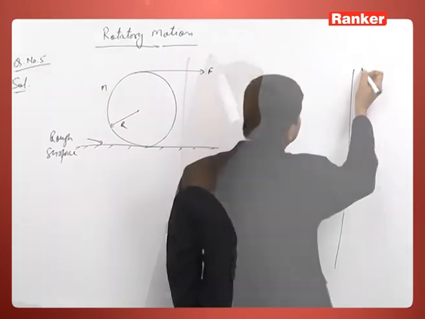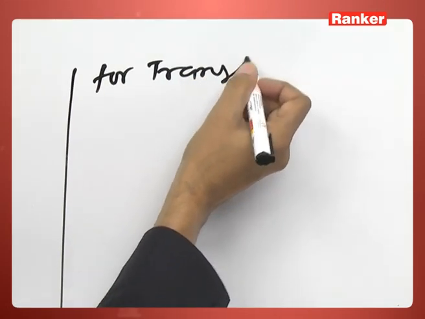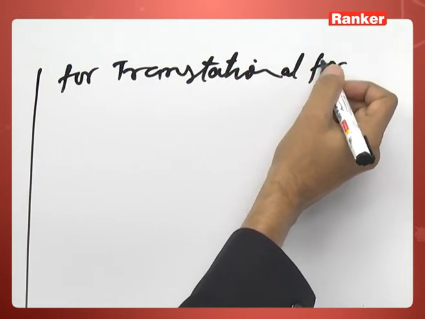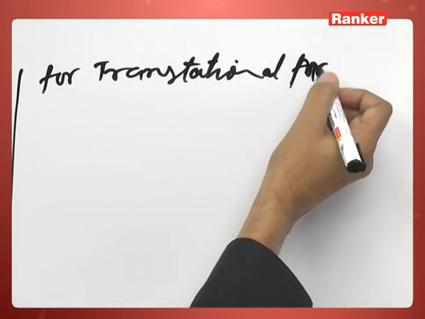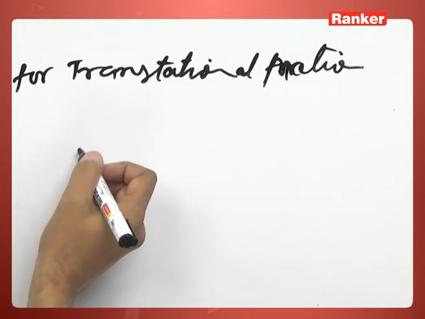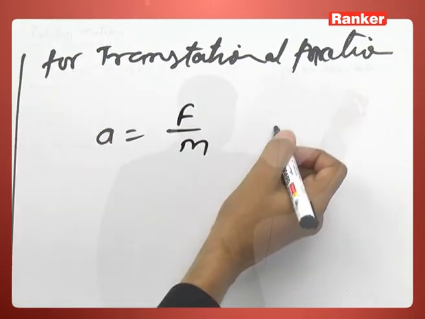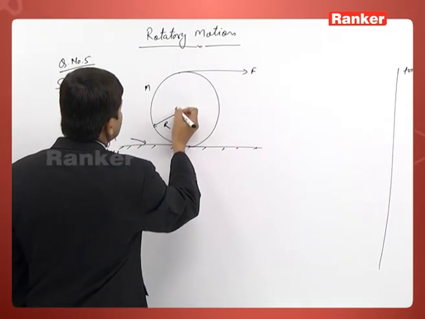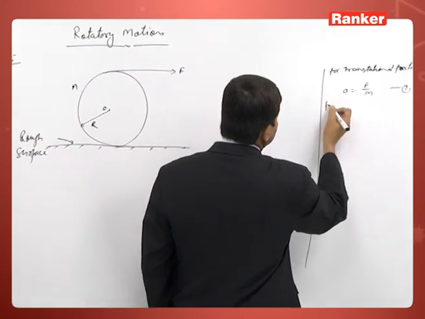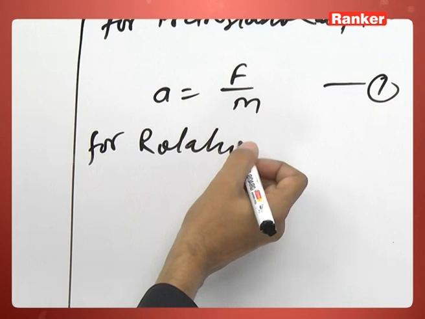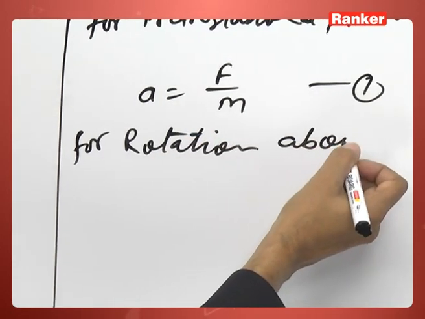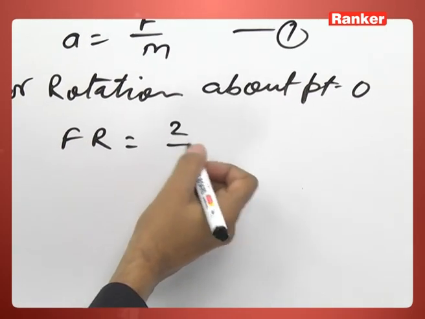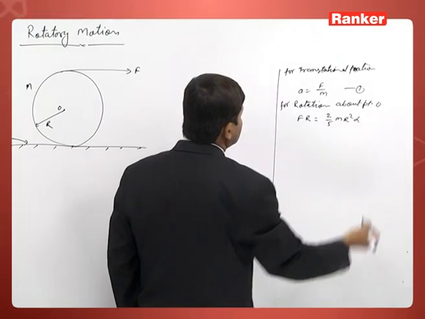So first, for translational motion, we can write A is equal to F by M. And now if we are considering rotation about point O, for rotation about point O, F times R is I alpha, I is (2/5) MR square, into alpha.